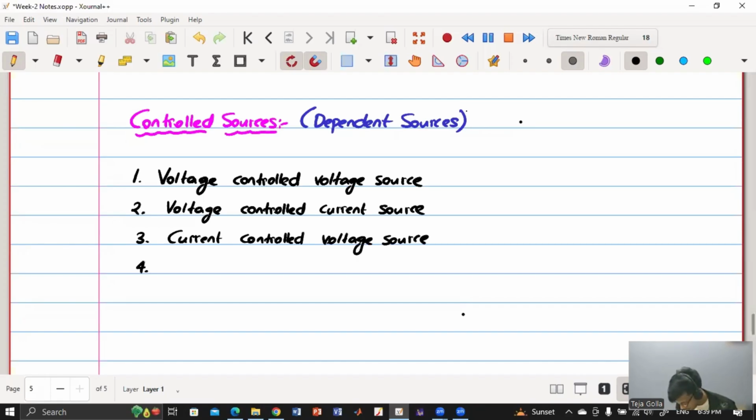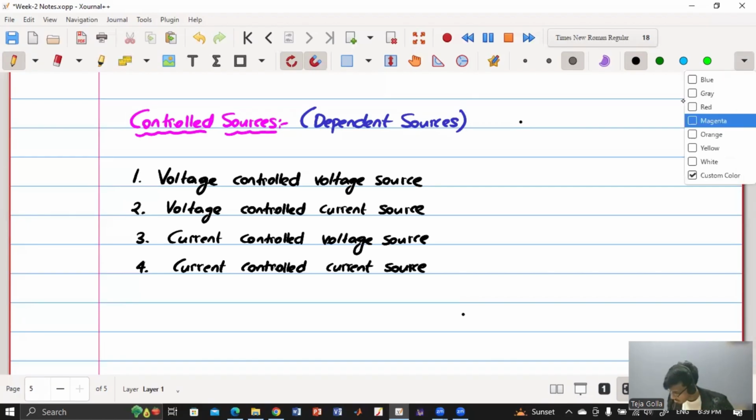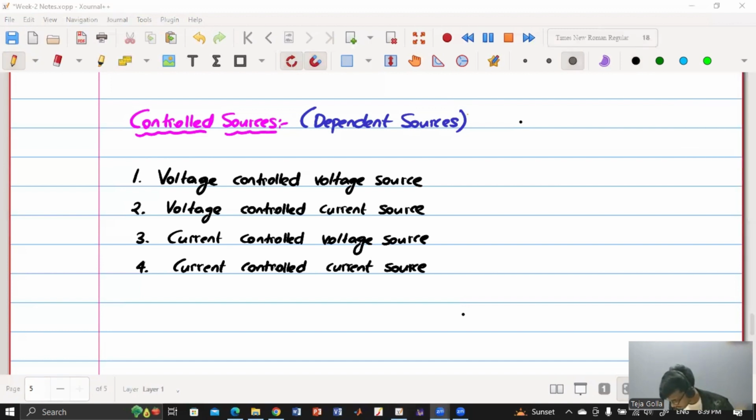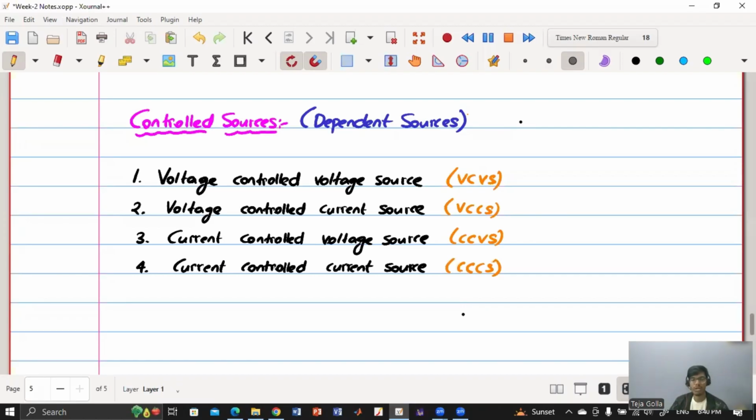Then we have current controlled current source. The abbreviations are VCVS, VCCS, CCVS, and CCCS. So it can be either a voltage source or a current source.